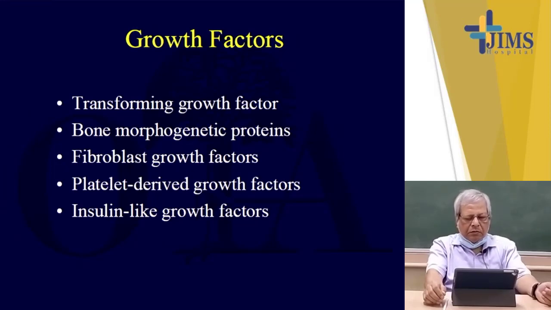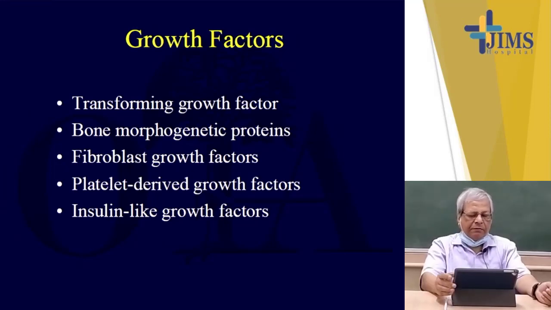Out of these, bone morphogenic protein is therapeutically used in cases of non-union or where there is bone loss. There are 17 types of bone morphogenic proteins or BMPs, but particularly 2 or 3 types are added locally at the fracture site, leading to faster bone healing.